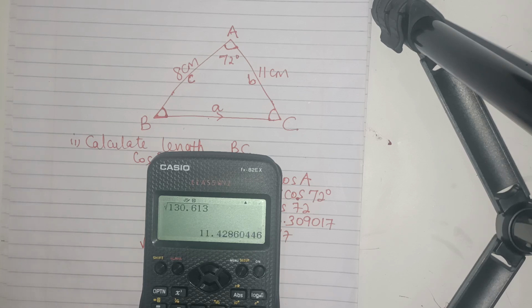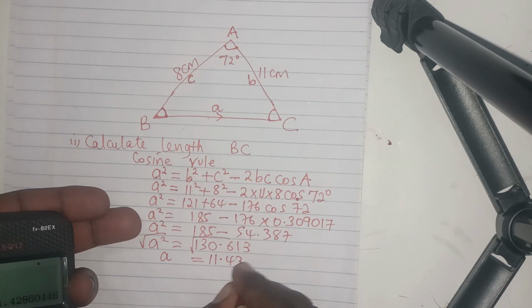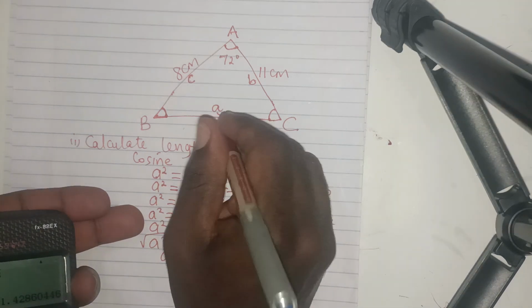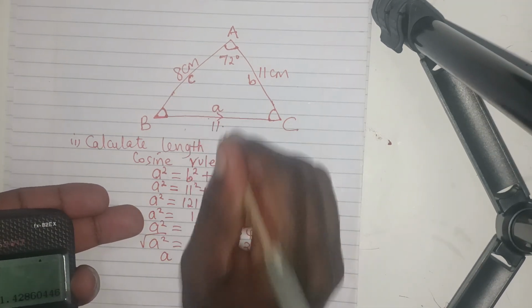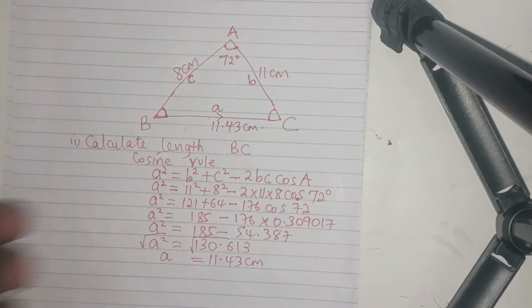That is equivalent to 11.43. So my a is 11.43 centimeters. So the length BC is 11.43 centimeters. That is your length a.